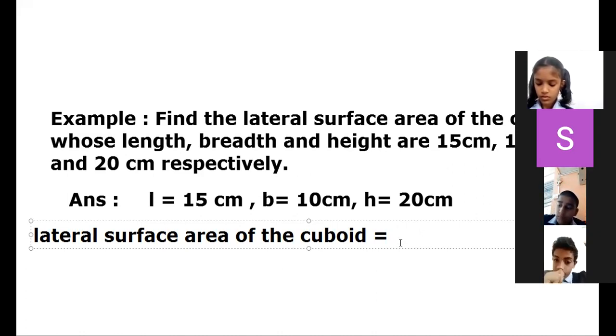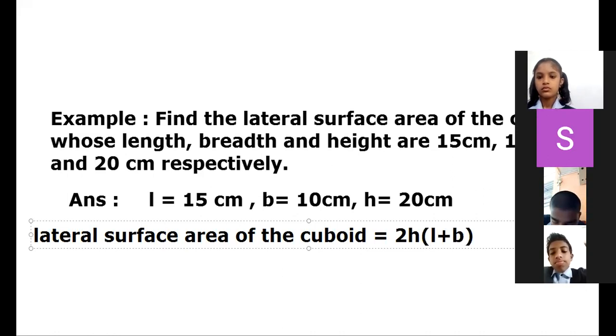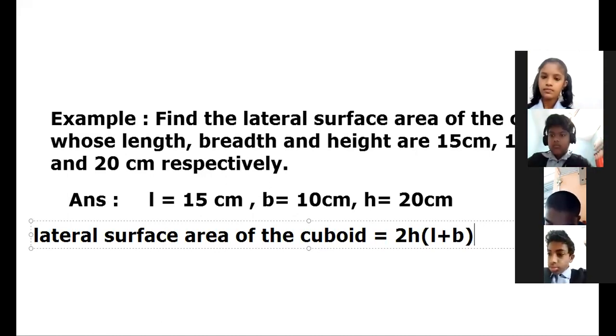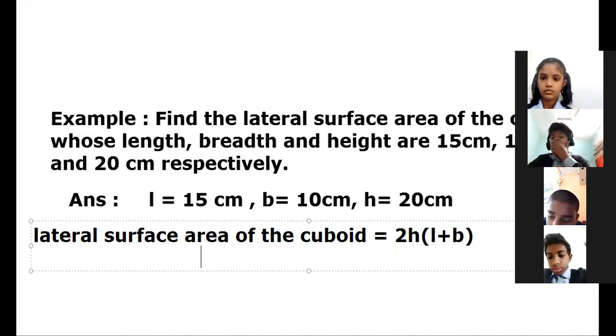What is the equation? 2h into L plus B. You must understand clearly where the bracket comes and where it does not. Only L plus B is added, right? Length and breadth we are adding here. Okay, 2h into L plus B. That is the equation to find the lateral surface area of a cuboid.